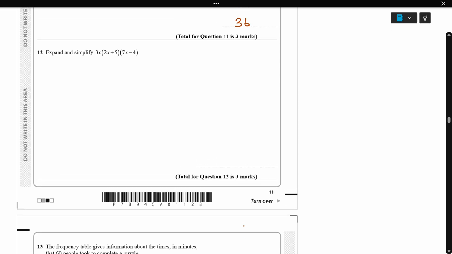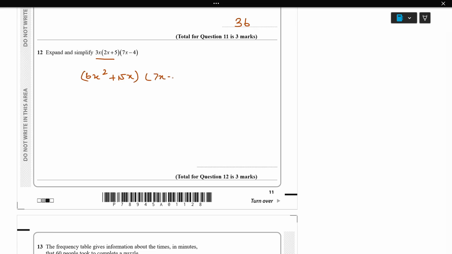So next one, expand and simplify. Okay, so first I'll expand the first two: 6x² plus 15x, here 7x minus 4.